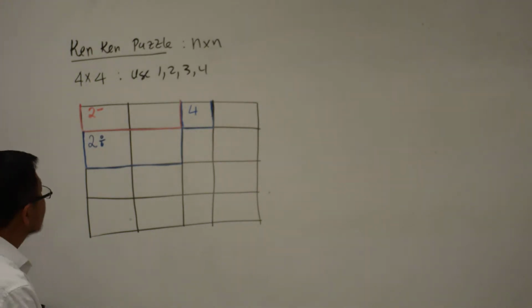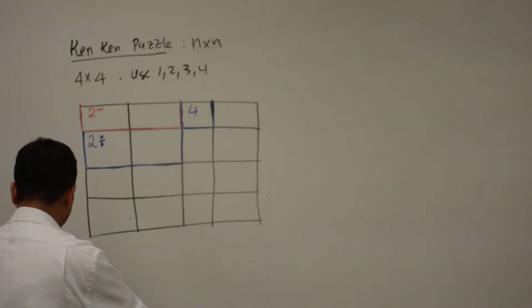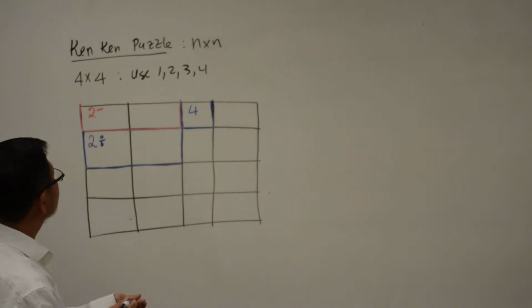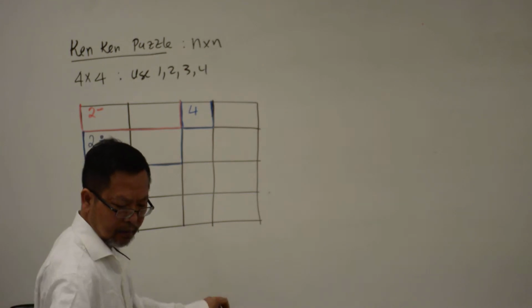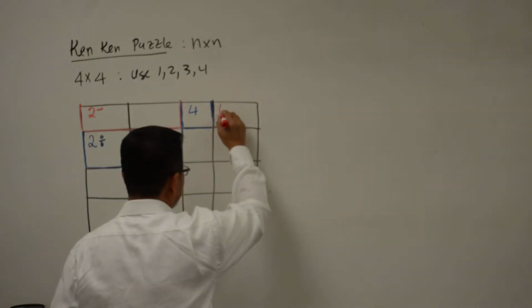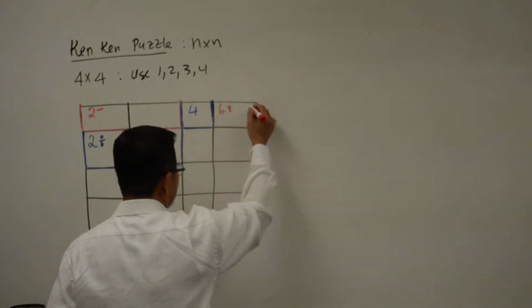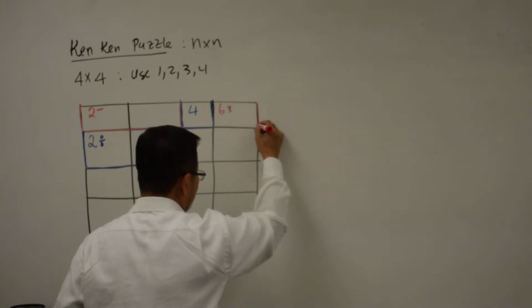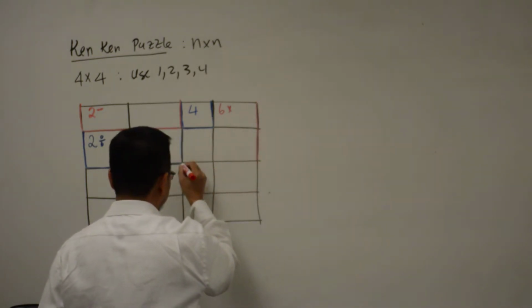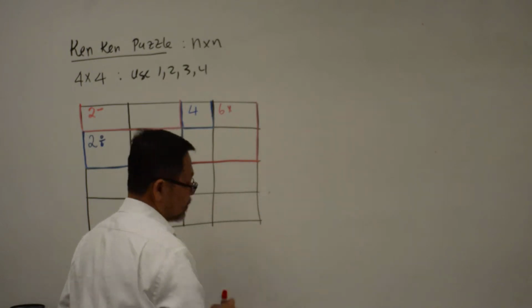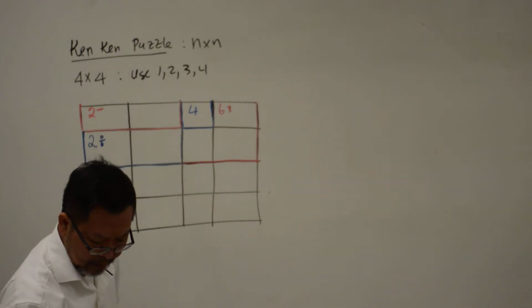Then I have 6. 6 is multiplied. So 6, you have the cage from here to here. That's cage 6.